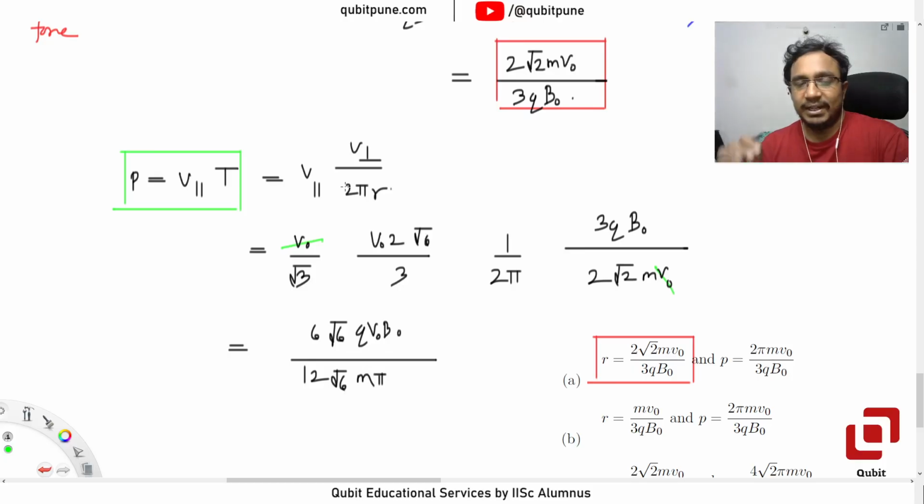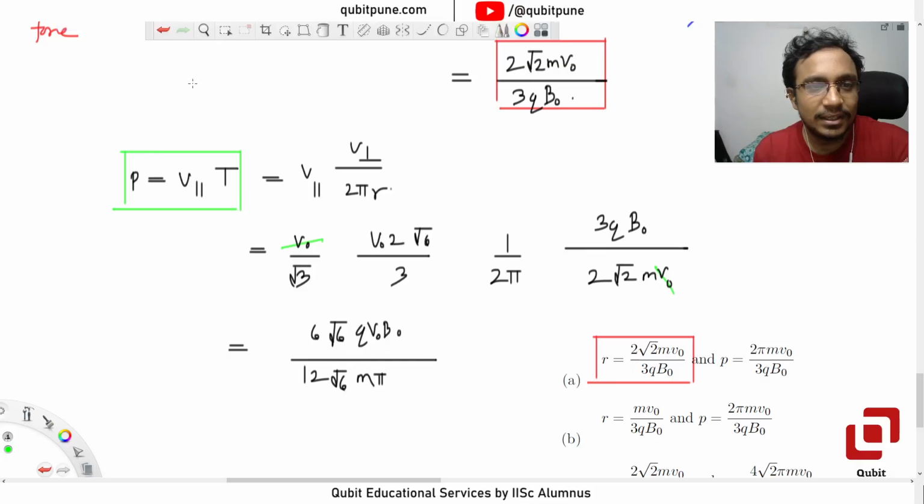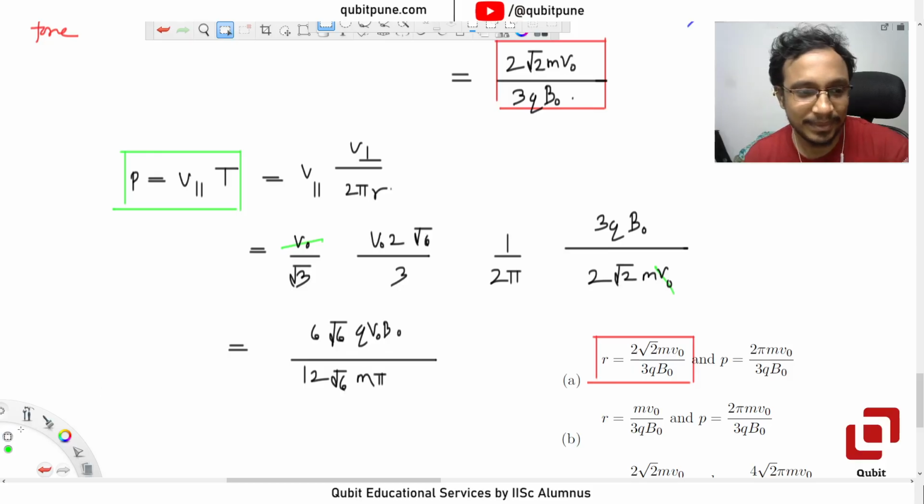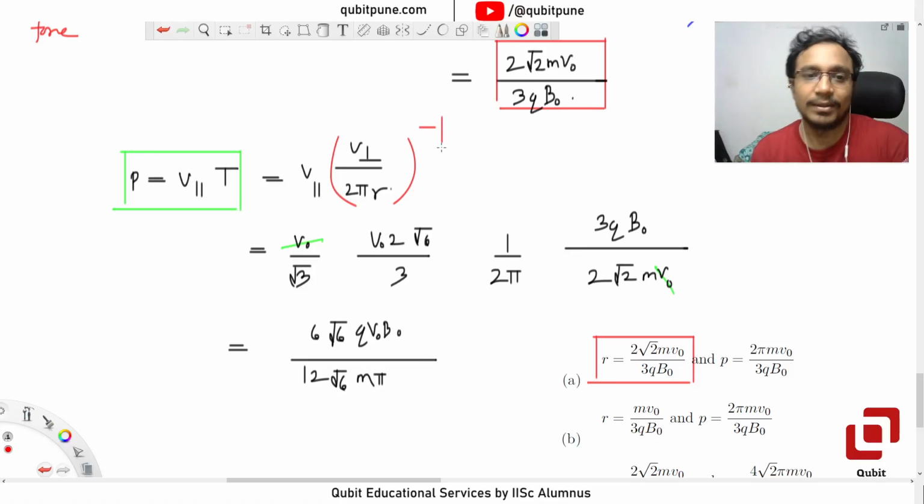Or should I have taken the reciprocal of that? Oh, okay, got it. This is not dimensionally correct. It should have been 2 pi r upon the speed. Okay, I guess now I'll get it right.